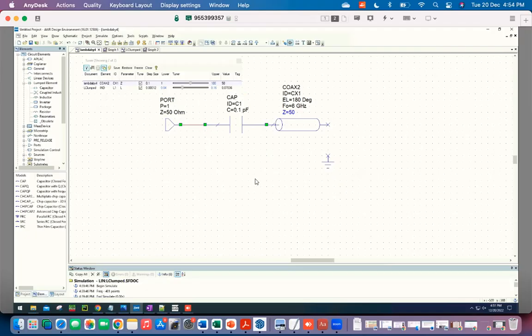So let's say 0.1 picofarad, we can start from it. So what this is doing now is that this capacitor acts like a partially transmitting mirror. The transparency of that mirror is related to the capacitance or indirectly the impedance.